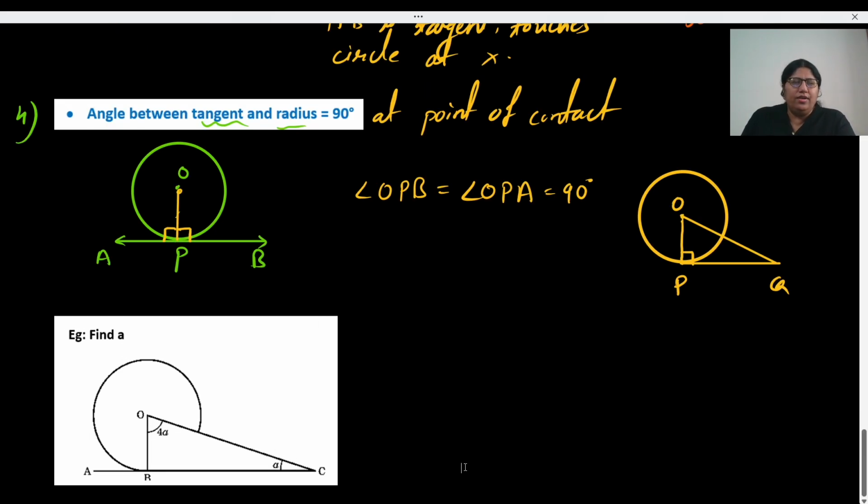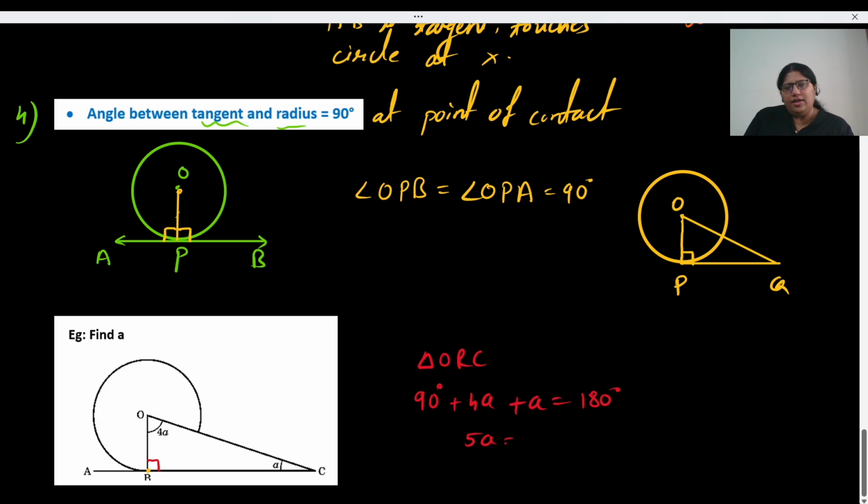Here you need to find the unknown angle, angle A. Now you know that AC is a tangent at R, right? So you will use the theorem: the tangent is always perpendicular to the radius. So here there is a 90 degree angle, and in triangle ORC, using the angle sum property, 90 degrees plus 4A plus A will be 180 degrees.